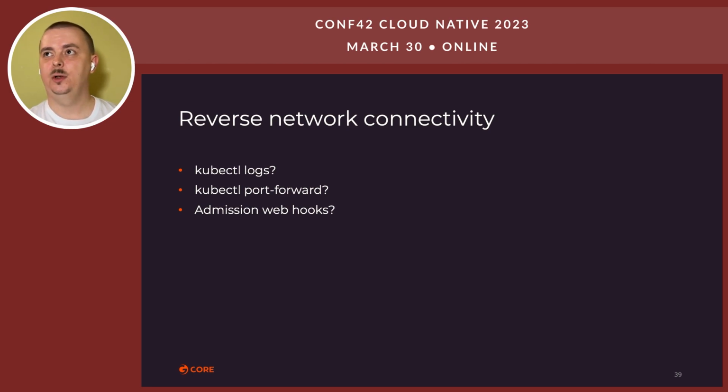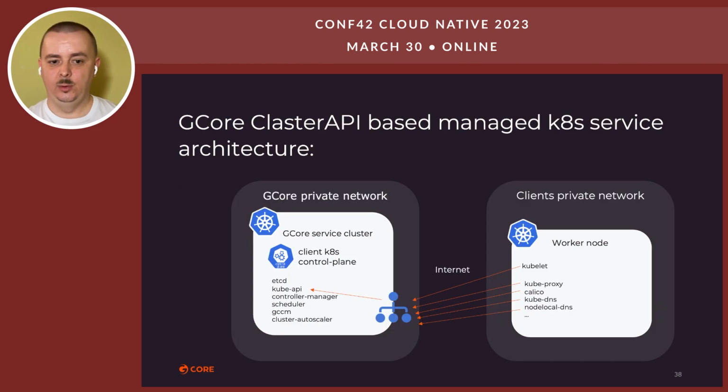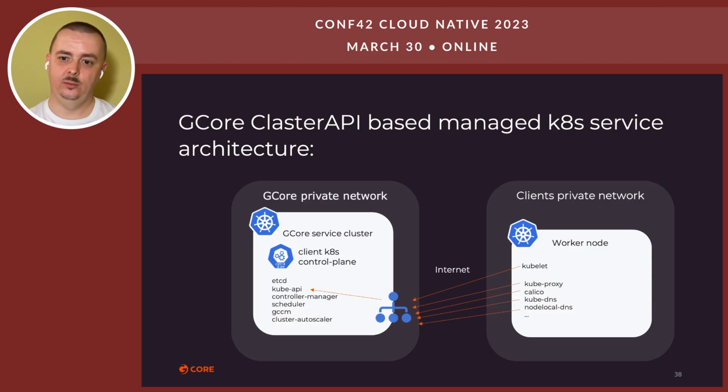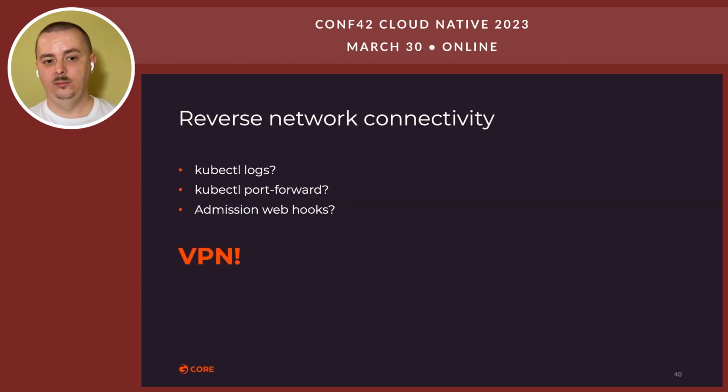Kube API works as the proxy to some service in the Kubernetes. And Kube API has no way to access the kubelet because the kubelet is inside the client private network and is not accessible directly. And the admission webhooks. What if Kube API has to validate some custom resource before putting it into etcd? It will need to access some pod inside the client clusters, and there's no way to do it. So, VPN.